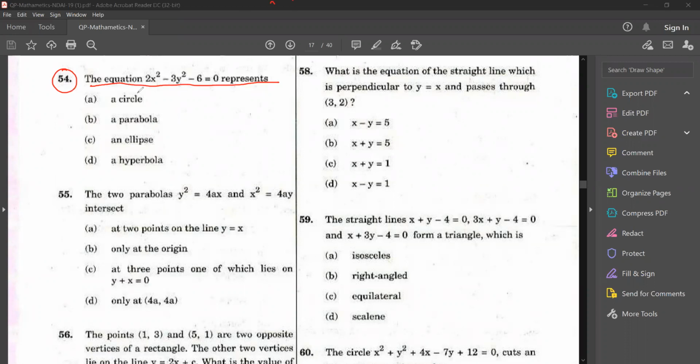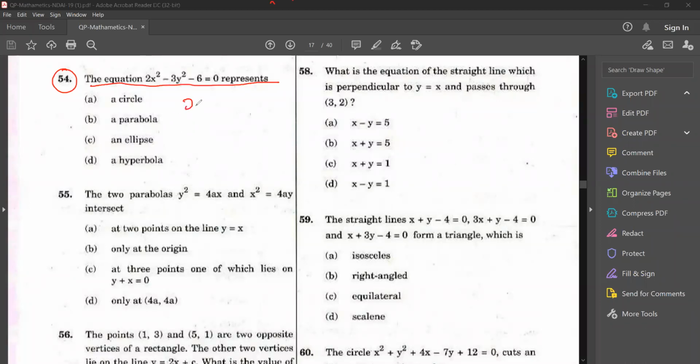You have to find out whether this equation represents a parabola, a circle, an ellipse or a hyperbola. I got the answer. Once you get this, comment it.